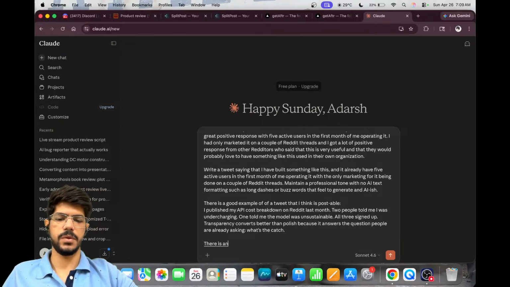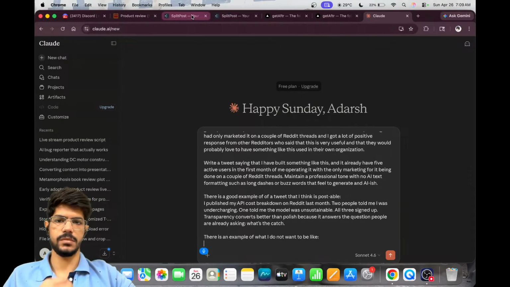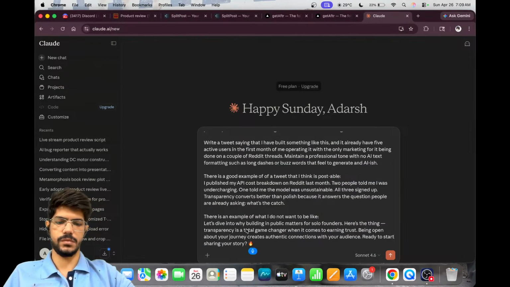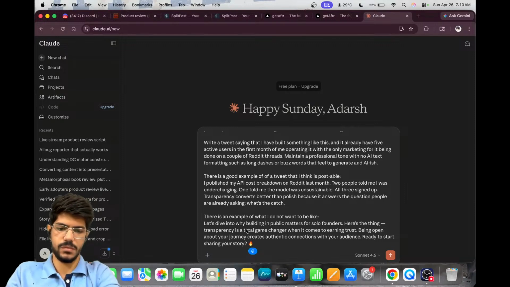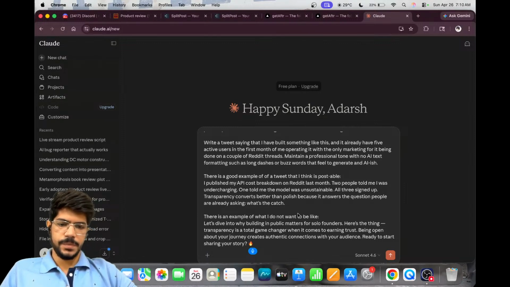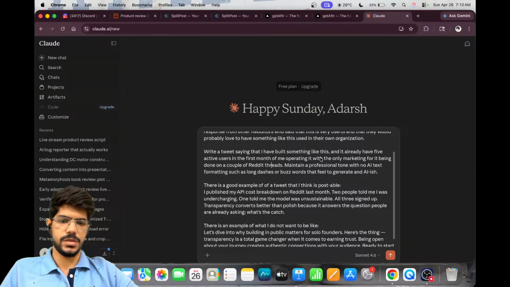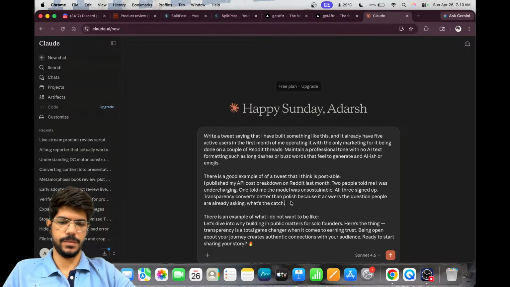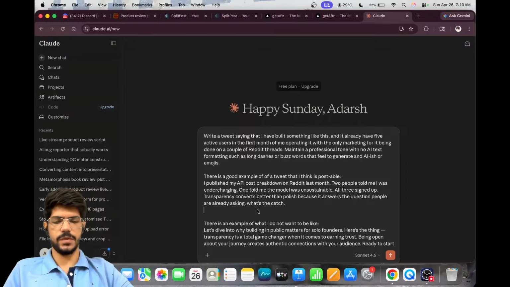Here is an example of what I do not want it to be like. Let's just tell it to not use emojis as well. No text formatting, or buzzwords or emojis. Right, let's just give this some amount of criticism so we can improve on this as well.